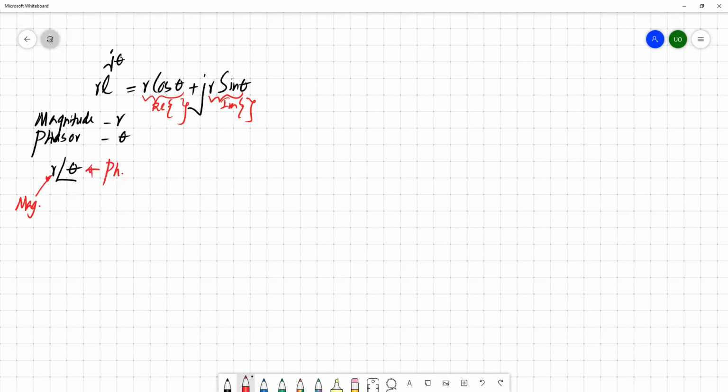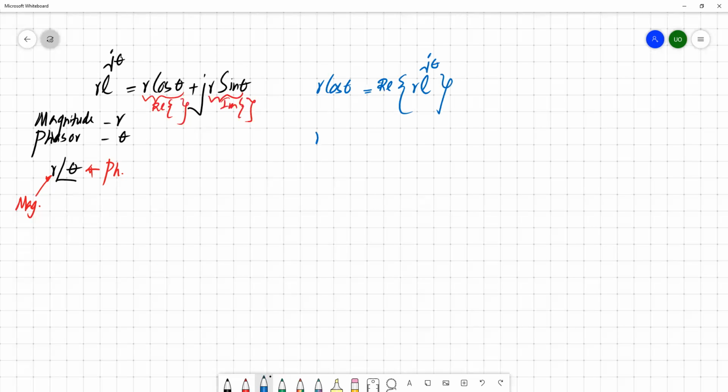By looking at this, we can claim that R cos theta is the real component of R e to the power j theta.